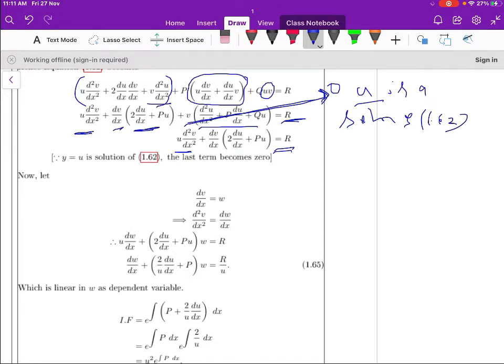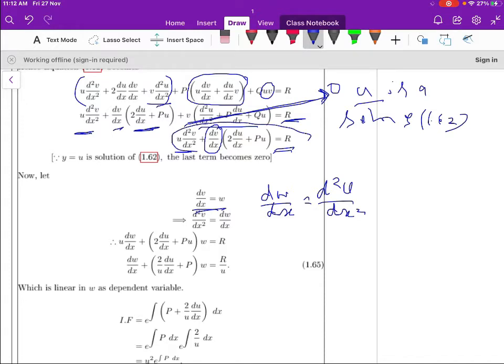Now easily we can reduce the order of the differential equation by 1. Let us take dv by dx equal to the substitution w. So therefore dw by dx is equal to d square v by dx square.